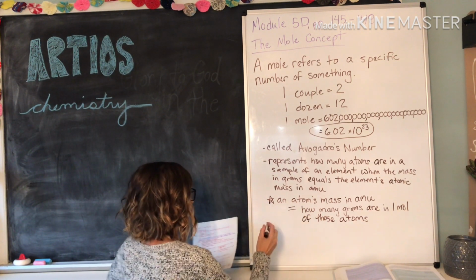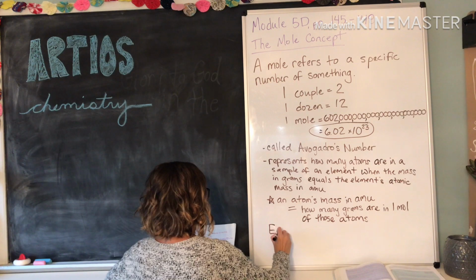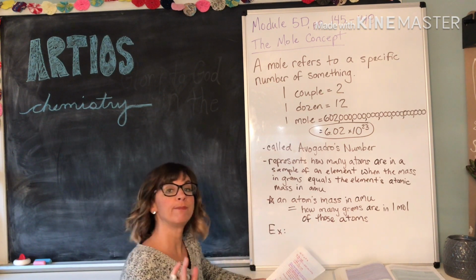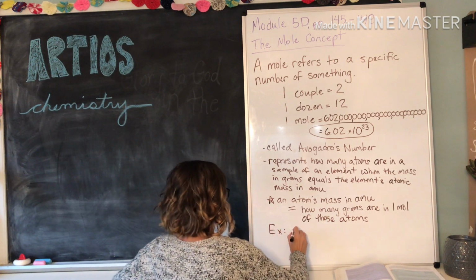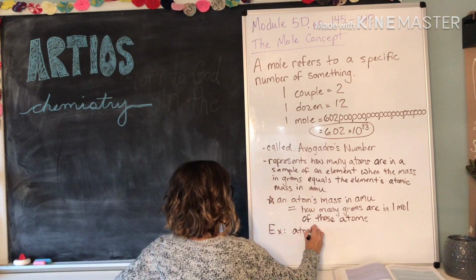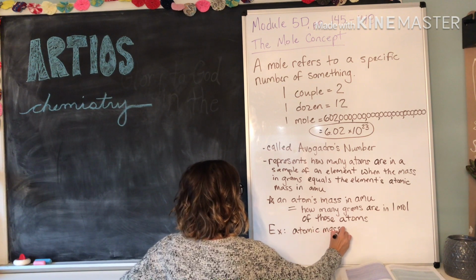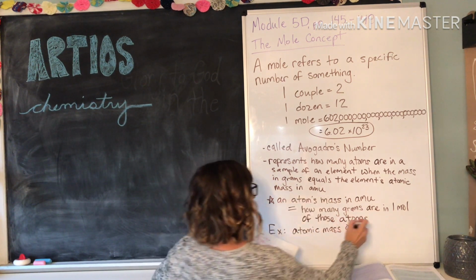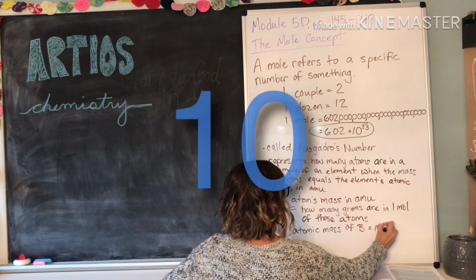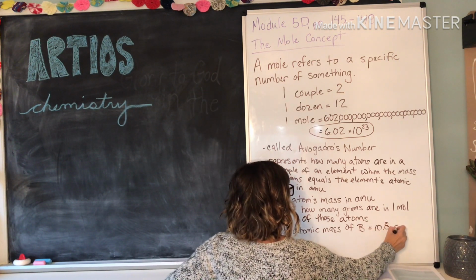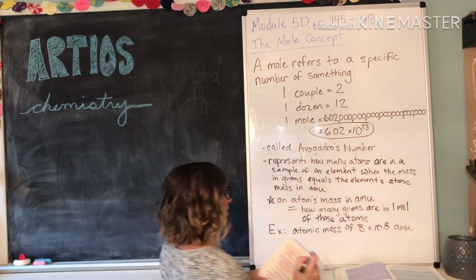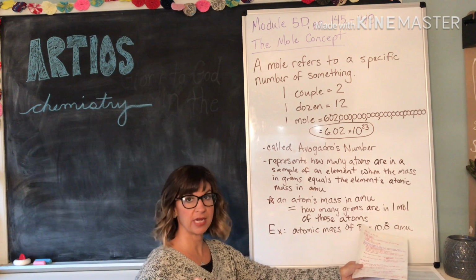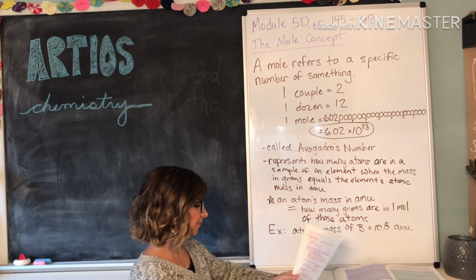For example, let's see if I can squeeze an example down here. The atomic mass of boron, which is abbreviated with just a capital B, equals 10.8 AMUs. Okay, so one boron atom is equal to 10.8 AMUs. That's its mass.